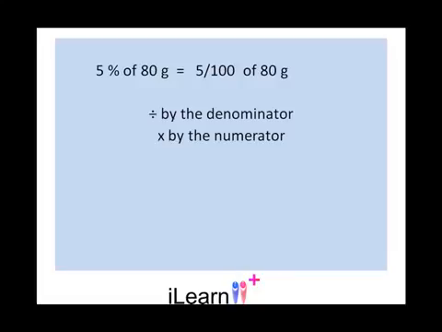Divide by the denominator, then multiply by the numerator. Divide 80 by 100. 80 divided by 100 equals 0.8.